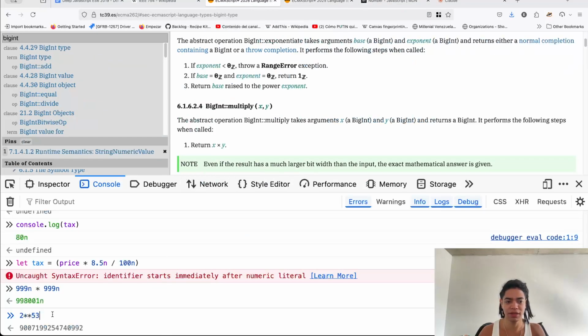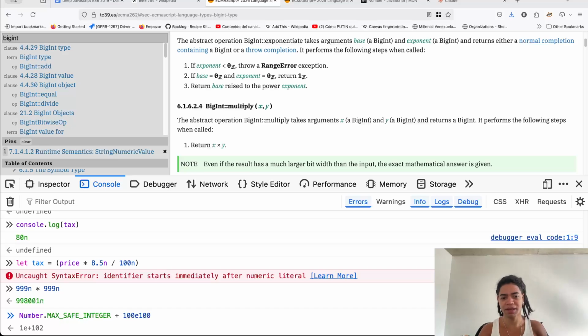Number.MAX_SAFE_INTEGER is this. If you say max plus 1, it's something like that.